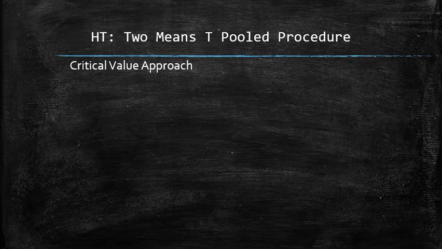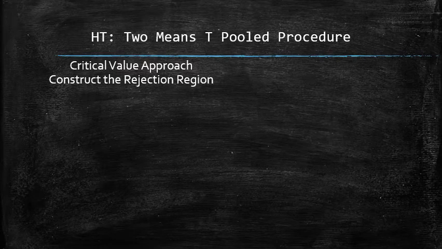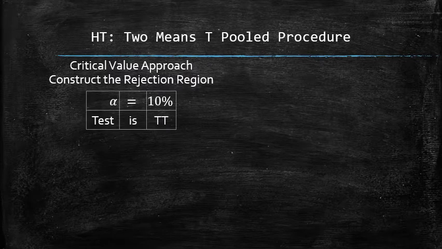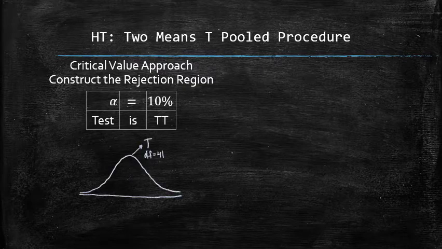In the critical value approach, we construct the rejection region. In this approach, we need to know the significance level alpha and the type of the test. We draw the rejection region under the t-curve with 41 degrees of freedom according to the type of the test. So two-tailed test will have the rejection region in both tails. The region must have the area equal to the significance level 10%.